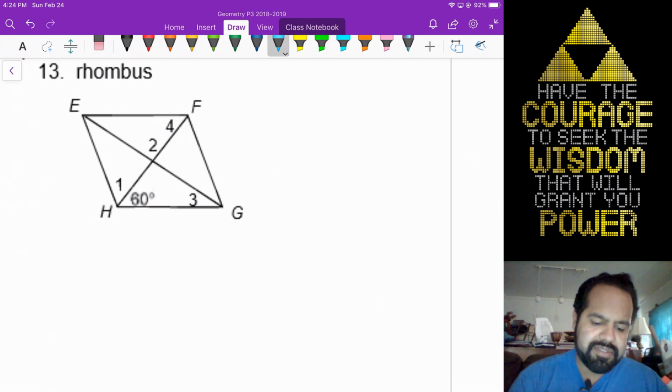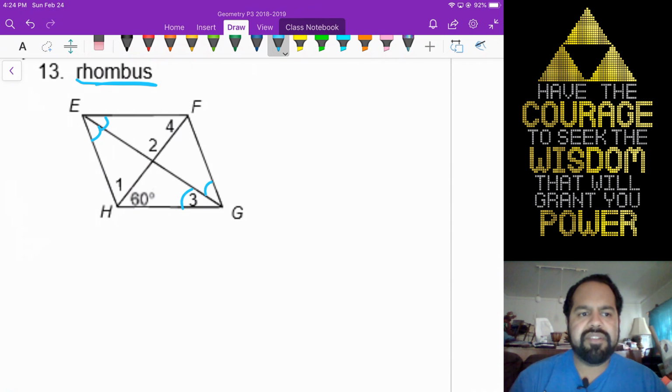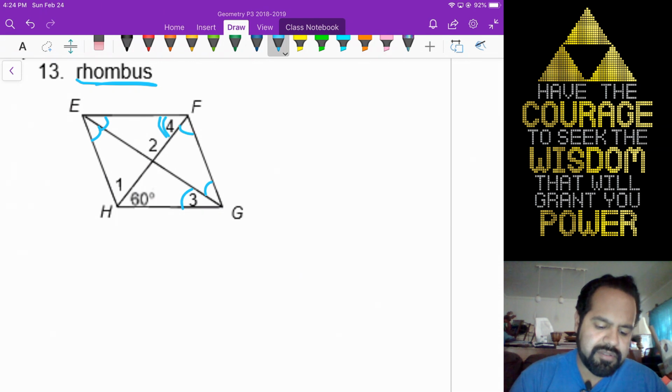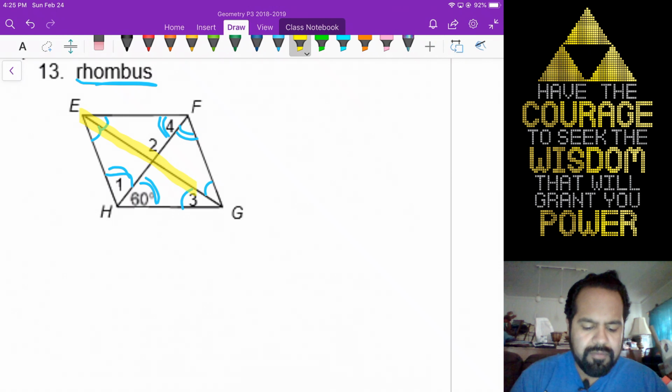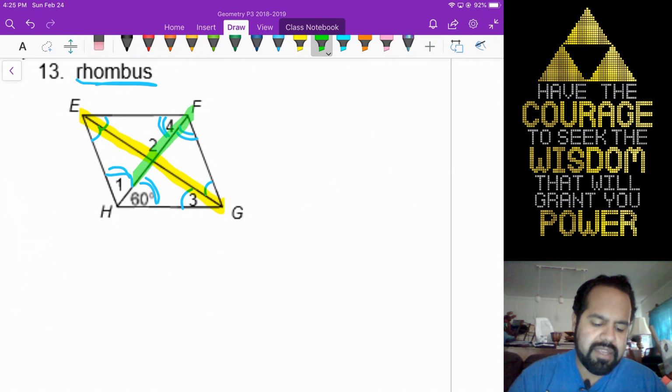13. Got a rhombus. And in a rhombus, I know that each diagonal bisects its respective corner into equal pieces. So those 4 angles are going to be congruent. Right over here, these 4 angles will be congruent. And one more fact, the diagonals of a rhombus always form a right angle.